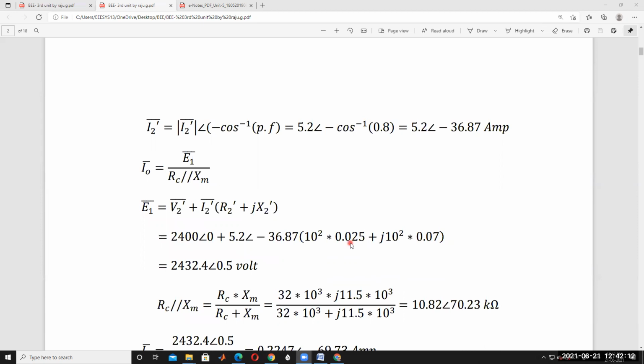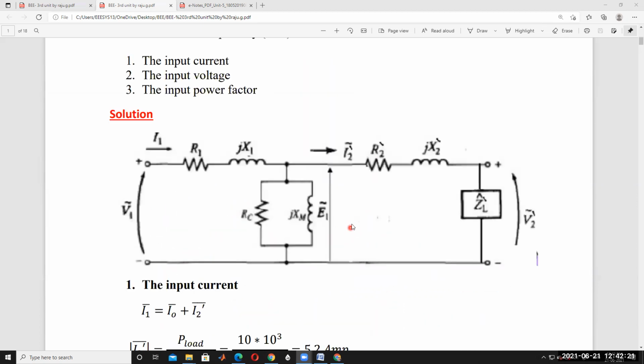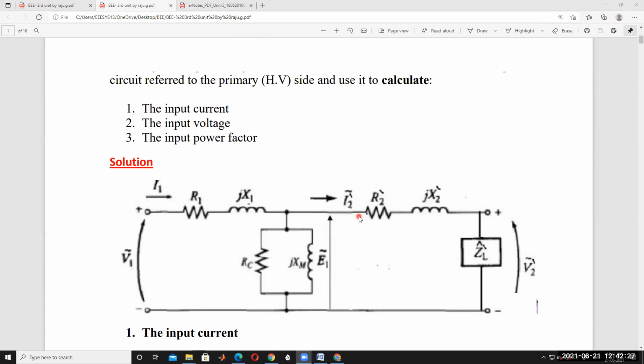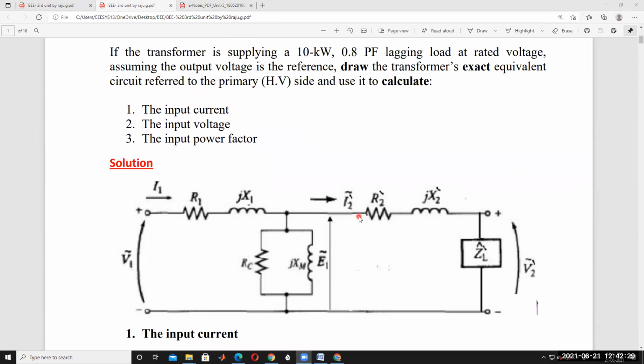Okay, so here 0.025 divided by (1 by 10) square, the same as 10 square into 0.025. In this problem we get the solution using the turns ratio. If you want, you can use the transformation ratio.